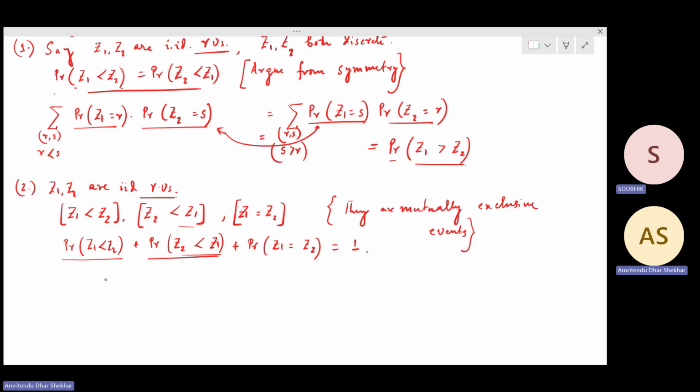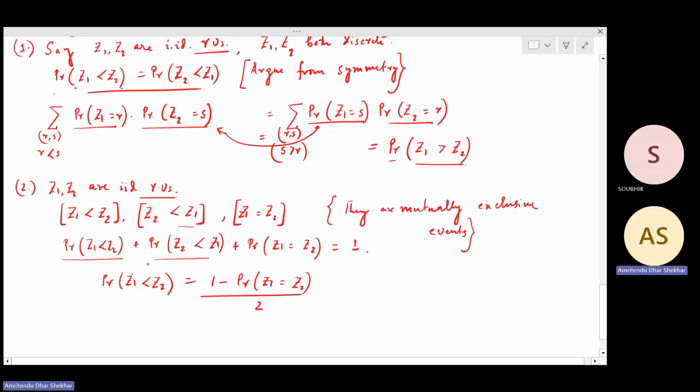So it turns out that the probability of Z1 smaller than Z2 is equal to 1 minus the probability of Z1 equals Z2, divided by 2, because these two are equal. So this is clear, right? Yes, sir. We have this expression with us.